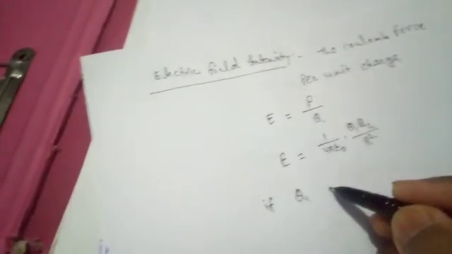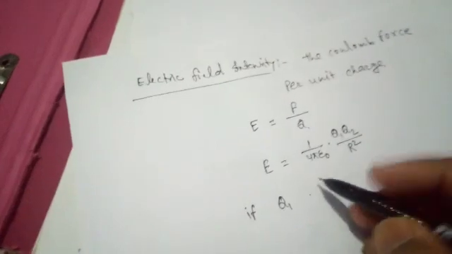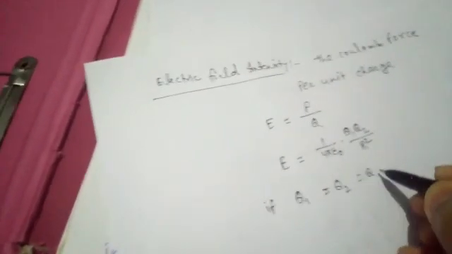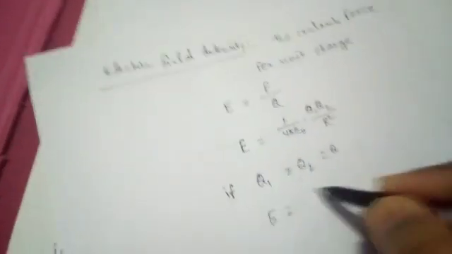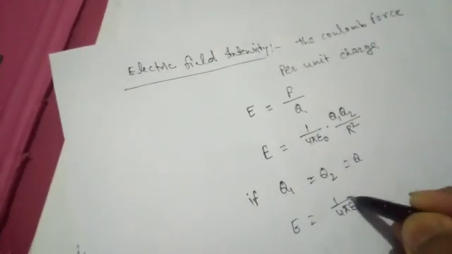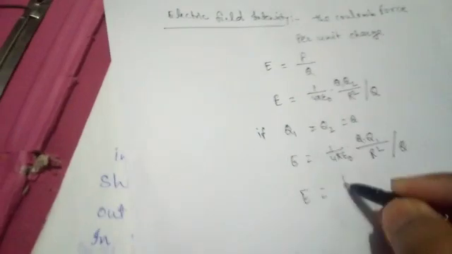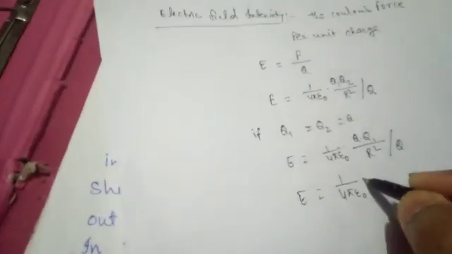If Q1 is equal to Q2 is equal to Q, then E is equal to 1 by 4 pi epsilon naught into Q over R square, over Q. So E is equal to 1 by 4 pi epsilon naught Q over R square.